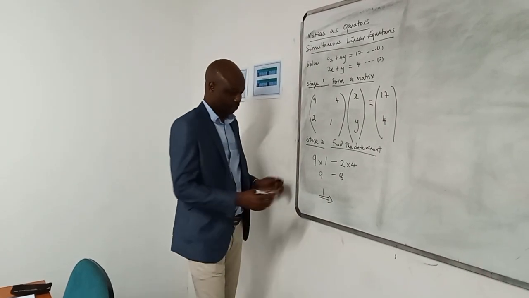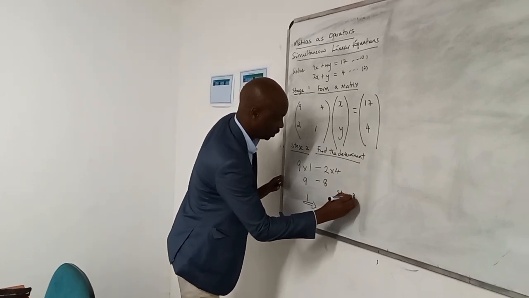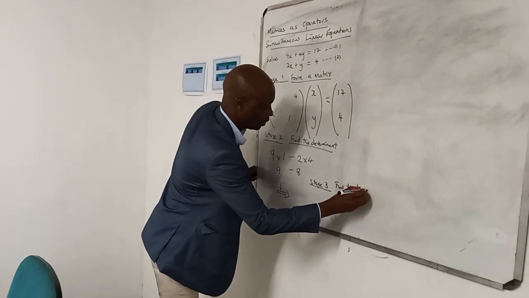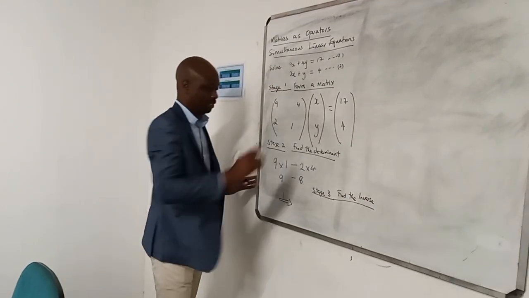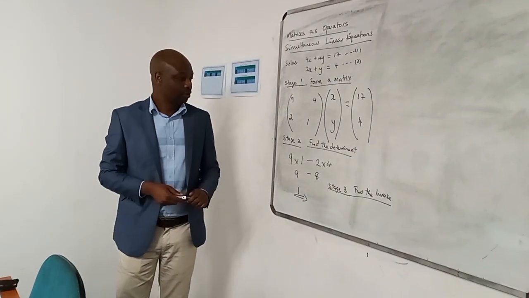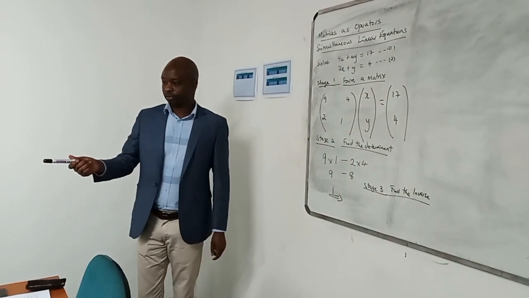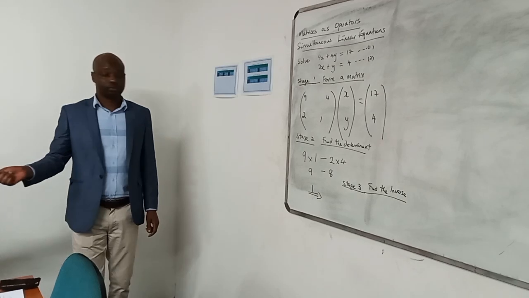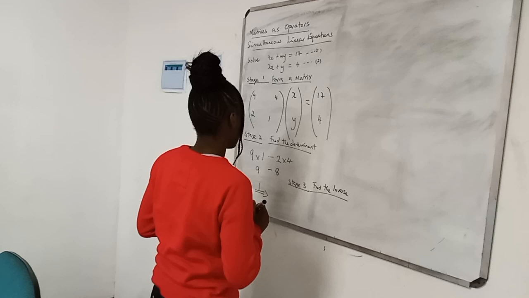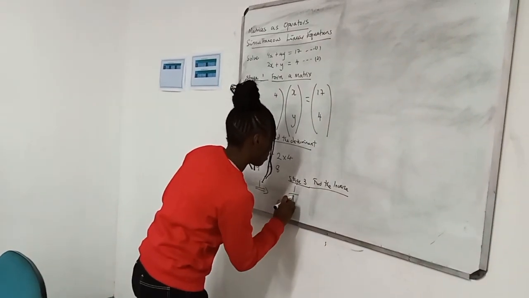Now, our third stage, stage 3, is to find the inverse of this matrix. Let's have someone come and find the inverse of this matrix. Talent. When you want to find the inverse of the matrix, we say 1 over the determinant, so it's going to be 1 over 1.